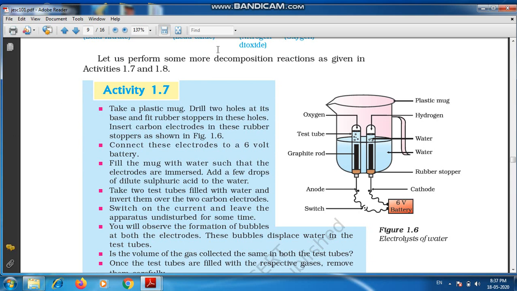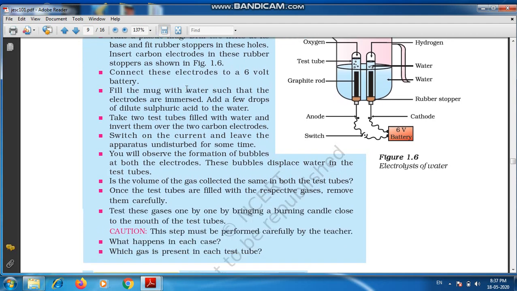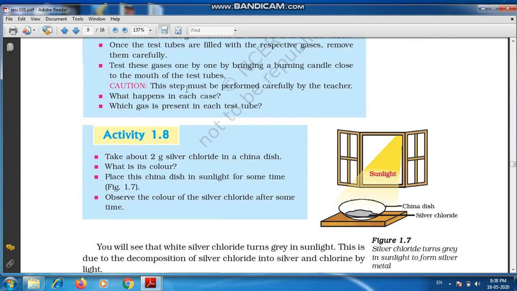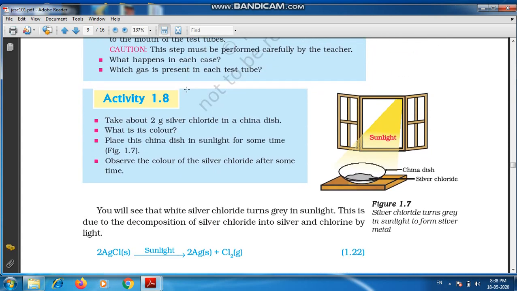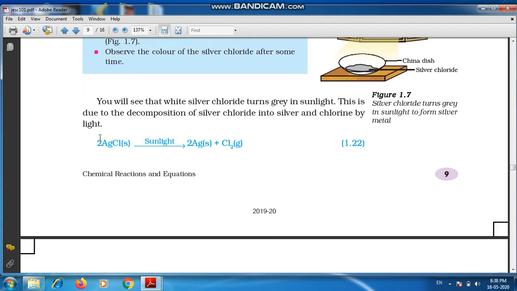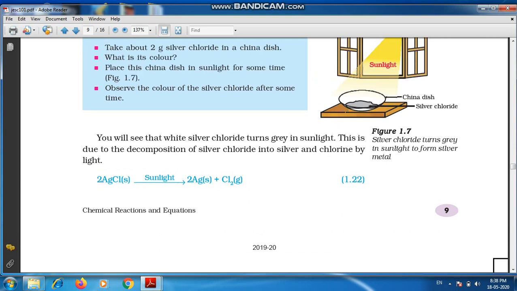Activity 1.7 is one other example of a decomposition reaction, and that is the electrolysis of water. Now, in 1.7 and 1.8 I will just give you a brief discussion: white silver chloride turns grey in sunlight. That is due to decomposition of silver chloride.